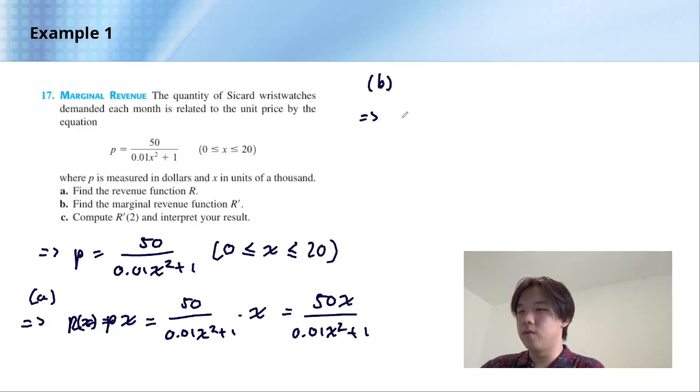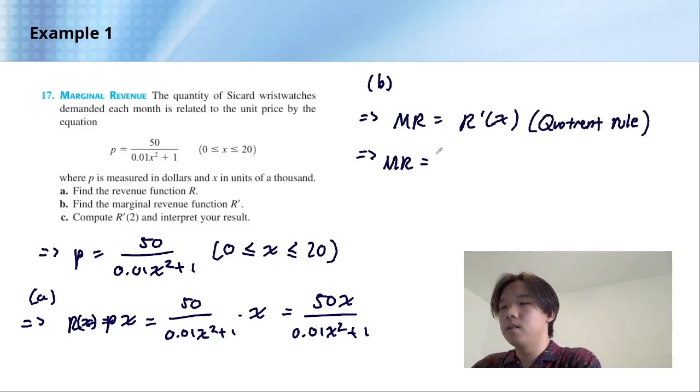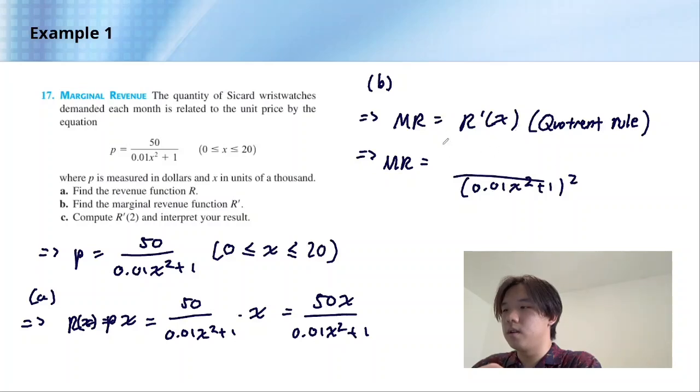The differentiation of R. To differentiate this, we will have to use the quotient rule. So marginal revenue will be R'(x). If we differentiate this, it will be the denominator, 0.01x squared plus 1, squared, in the denominator.